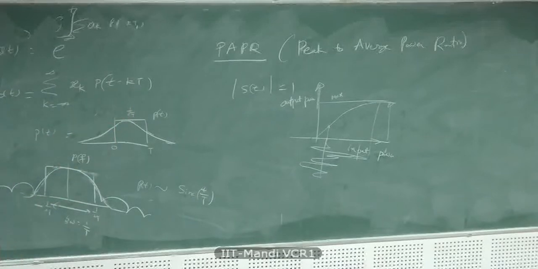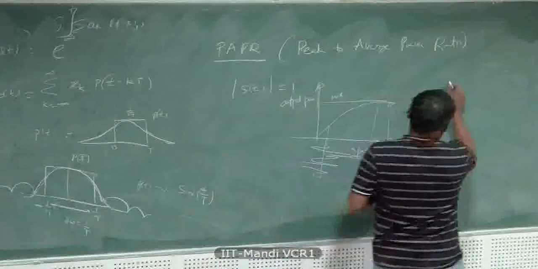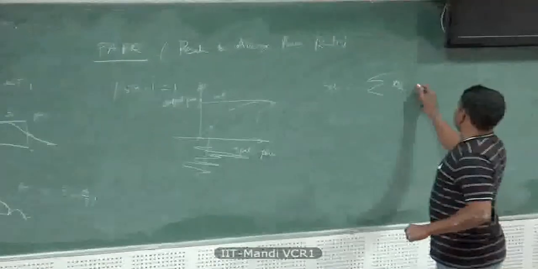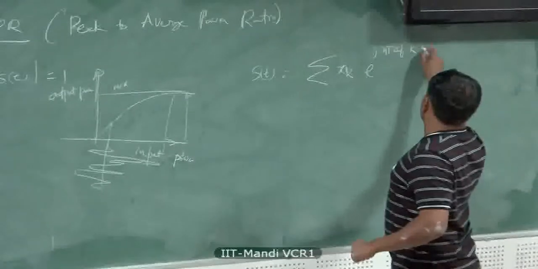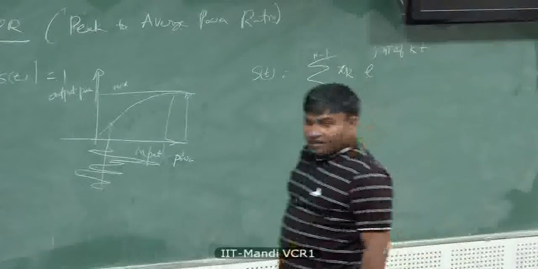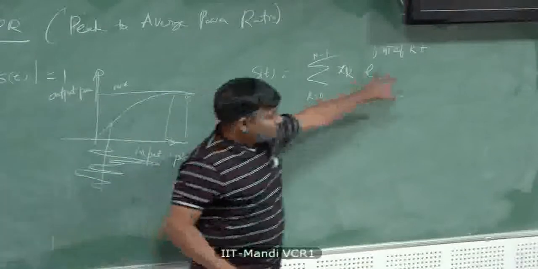But OFDM is even worse. Why is that? It is a sum of a large number of random waveforms with different frequency shapes.